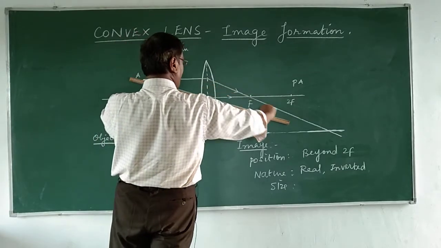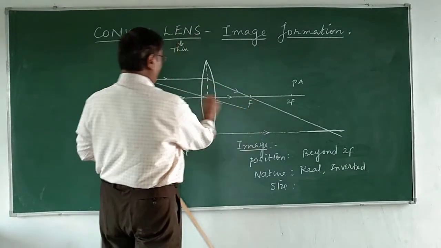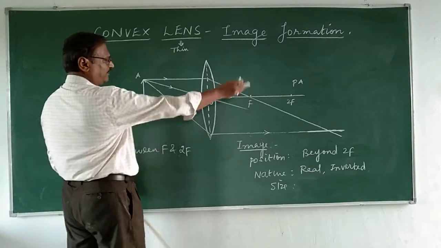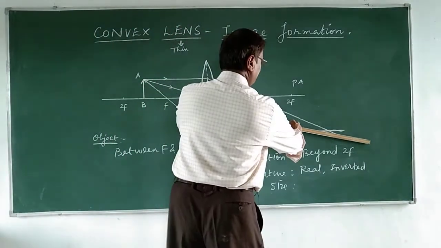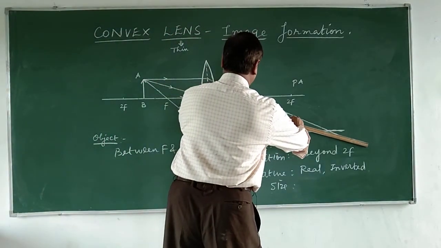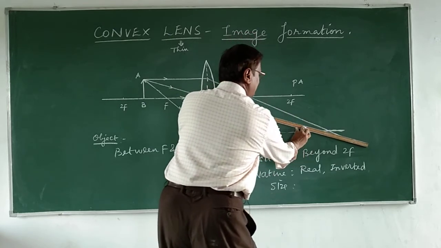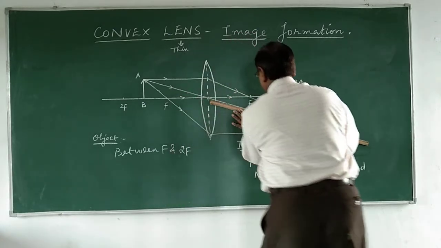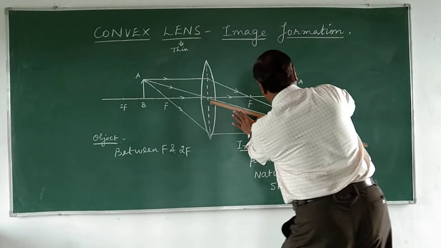I have taken till optical center and I am passing through. It is going to go without deviation. See, let me keep it. Yeah, see, it is coming and meeting. Very carefully we will do it.